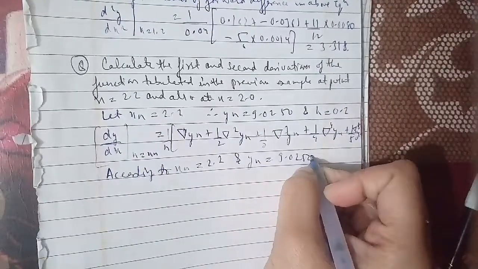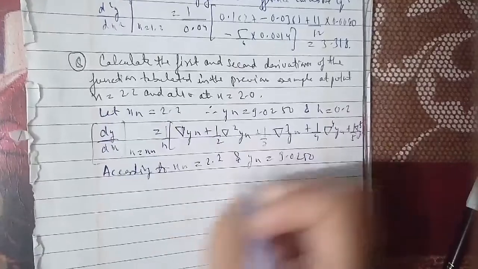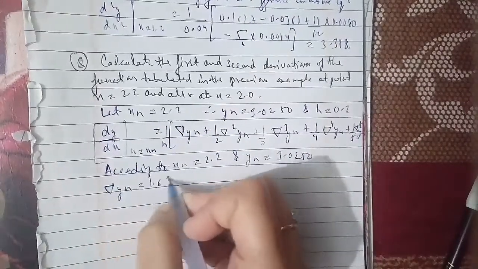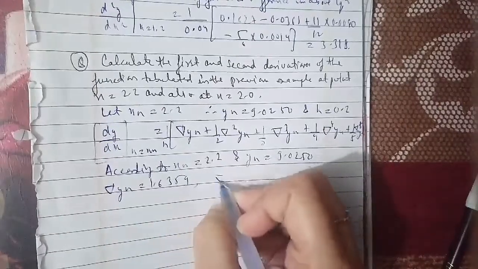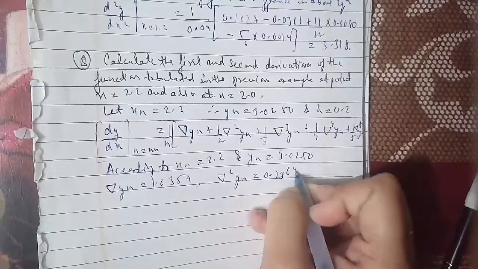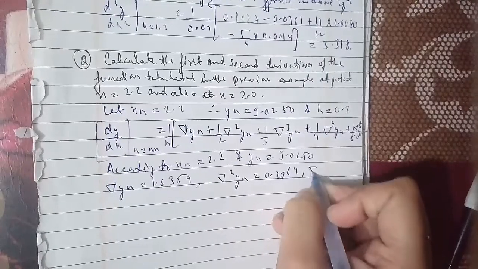For the same, backward 4 yn equals 0.0094, backward 5 yn equals 0.0014 and backward 6 yn equals 0.0001 here.